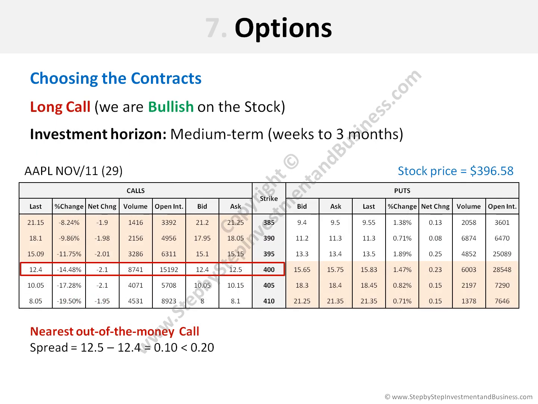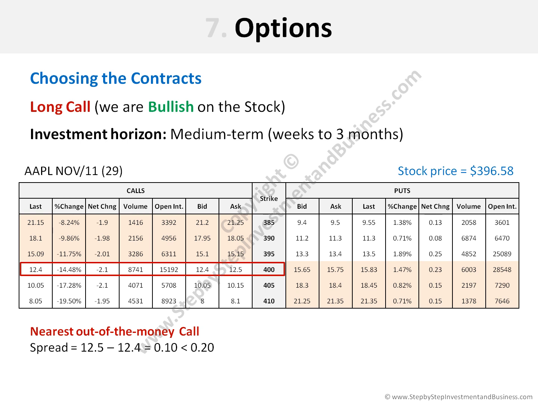Well, let's see an example of how to choose the option contract in the case that we would like to open a long call position, that is, we are bullish on the stock. Suppose we work with a medium-term investment horizon, that is, a time period of weeks to 3 months. Therefore, we decided to buy options that expire in 29 days.